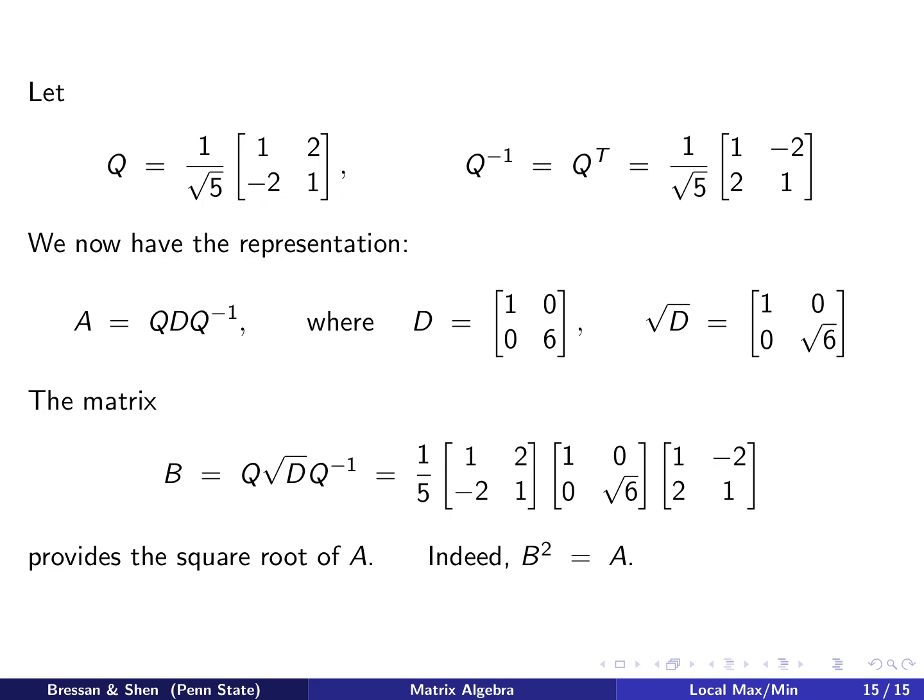Then we have this matrix as Q, this one for Q inverse, and this one for the square root of D. This B here will be the square root of A, because you can easily verify that B squared equals A. That's the end of this example and the end of this lecture.